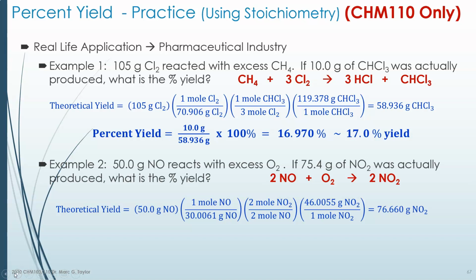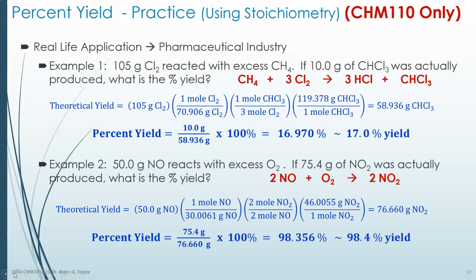That is the theoretical yield if everything was perfect and your purification was perfect. But you actually got 75.4 grams, a little bit less. This works out to 98.356%, a pretty good yield, 98.4% yield, and in most cases, most chemists would be very happy with such a high yield. And with that, we'll stop here.